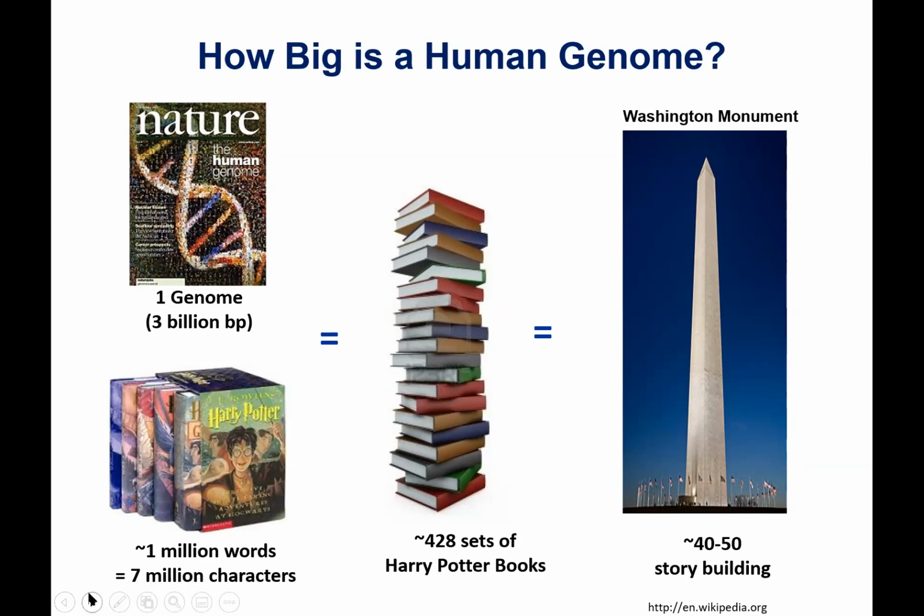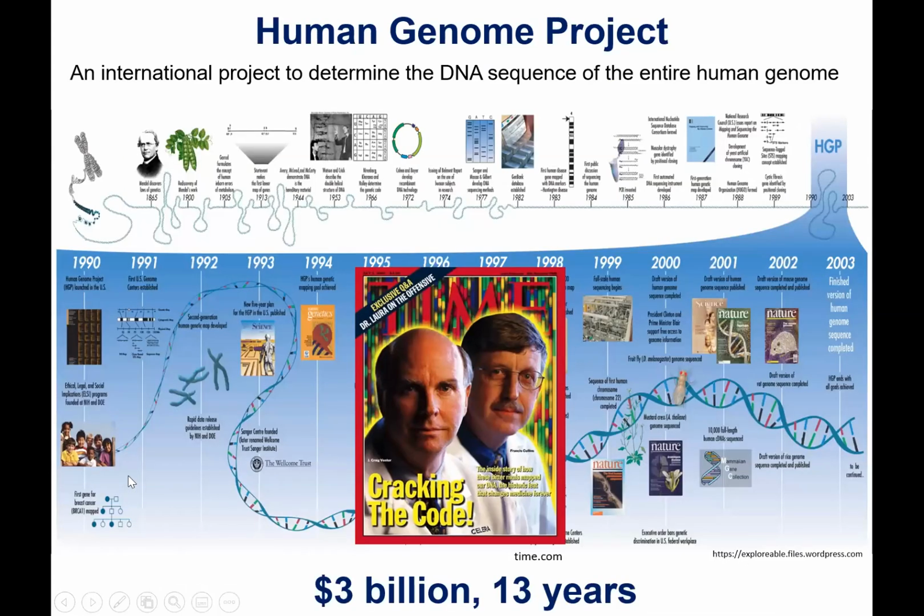To determine the information of our human genome, we did the Human Genome Project. This is an international project collaborated on by about 7 countries. The project started in 1990.